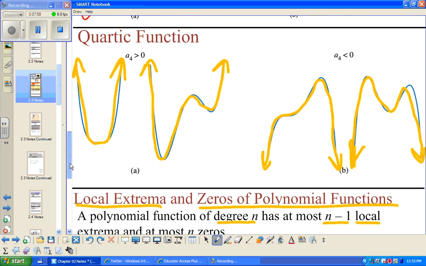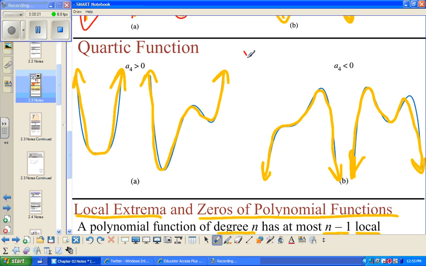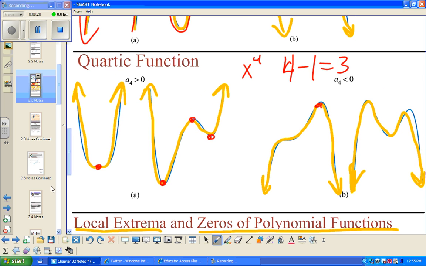With the quartic function, the basic function would be x to the fourth, so n minus 1 would be 4 minus 1, which is 3. That is, it could have at most 3 extrema. In this case, it could have 1, it could have 3, or 1 again, and so on. We'll talk more about even more restrictions, but what you need to focus on is at most how many it could have.